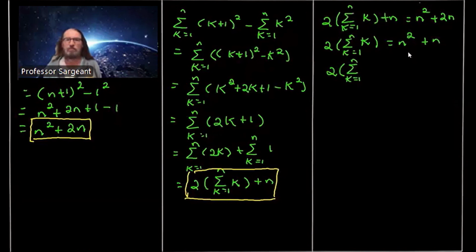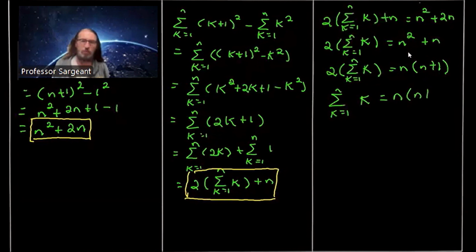Factor out that n. On the right-hand side, that is in common to both terms. And divide both sides by 2. And now we have the sum of the first n positive integers, what that is equal to.